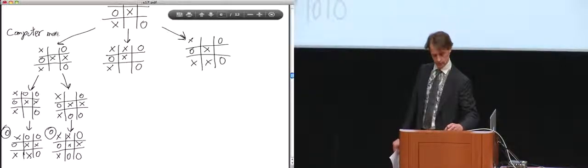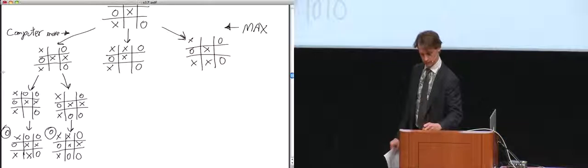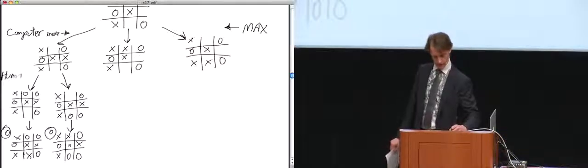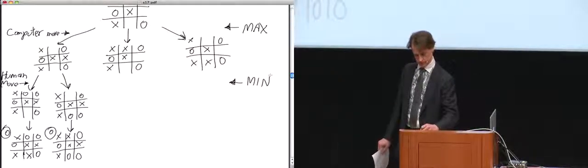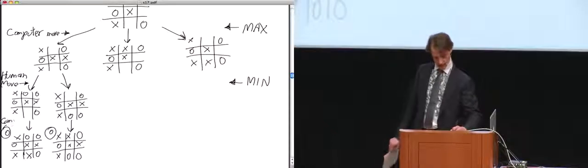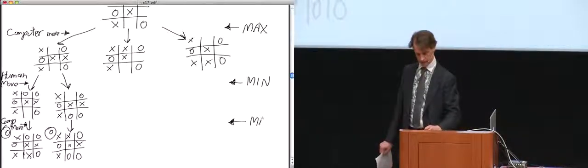Well, the computer move goes first. So the computer move level is a max level. Then it's the opponent's move. So the human move level is the min level. And then it's the computer's turn again. So that third level is going to be a max level.